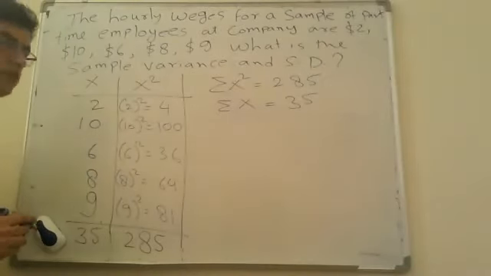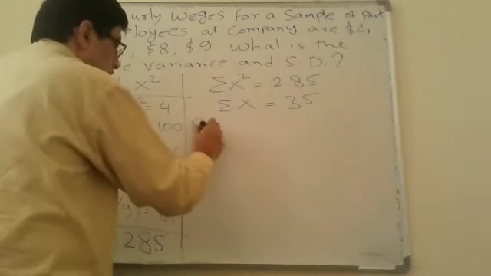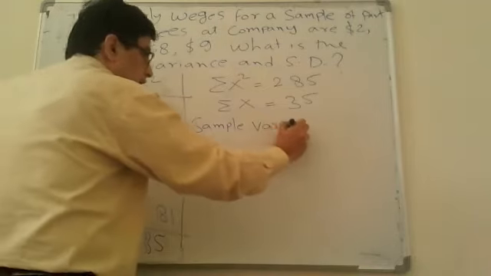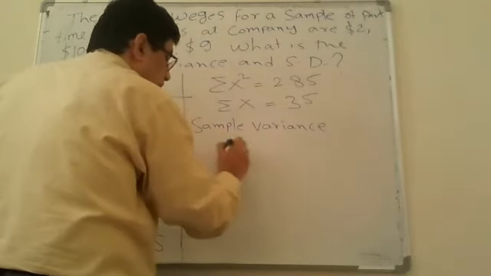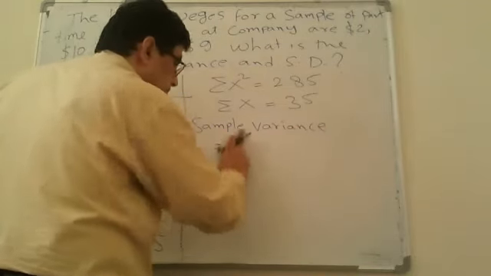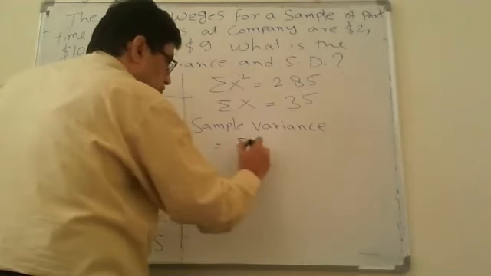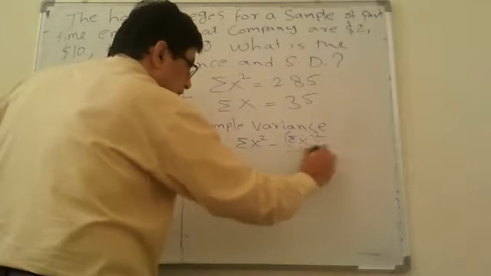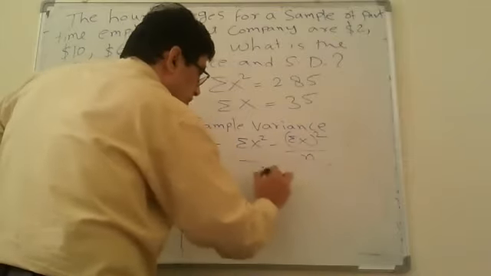Now you have to use the sample variance formula: total of x square minus total of x whole square divided by n, divided by n minus 1.